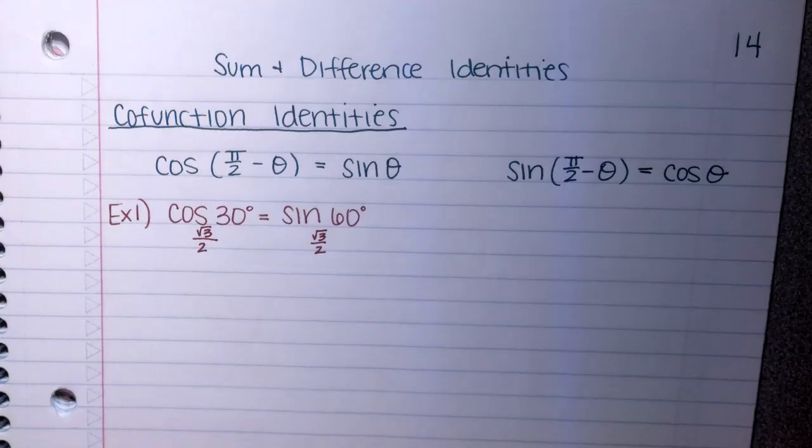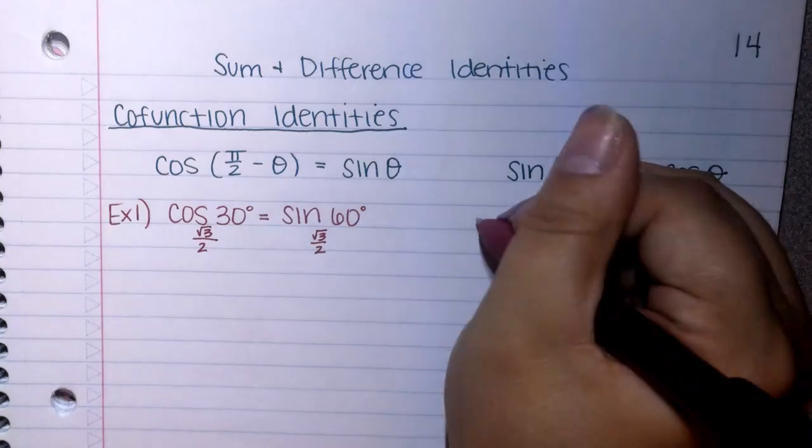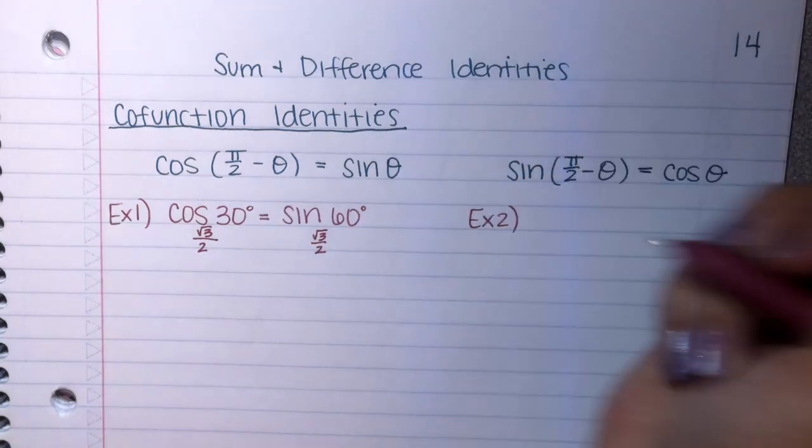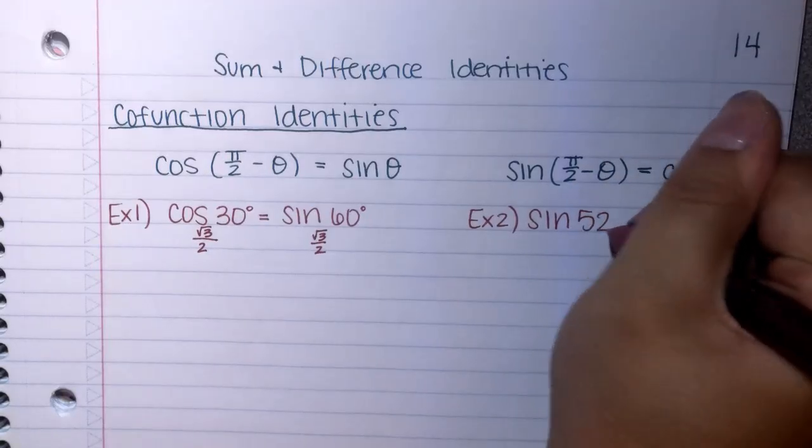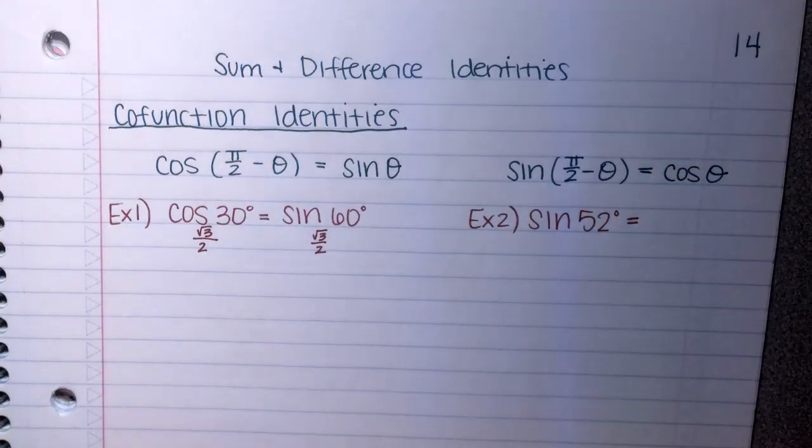What's the cosine of 45 degrees? What's 90 minus 45? What's the sine of 45 degrees? Likewise, example 2, what would the sine of 52 degrees be equivalent to?